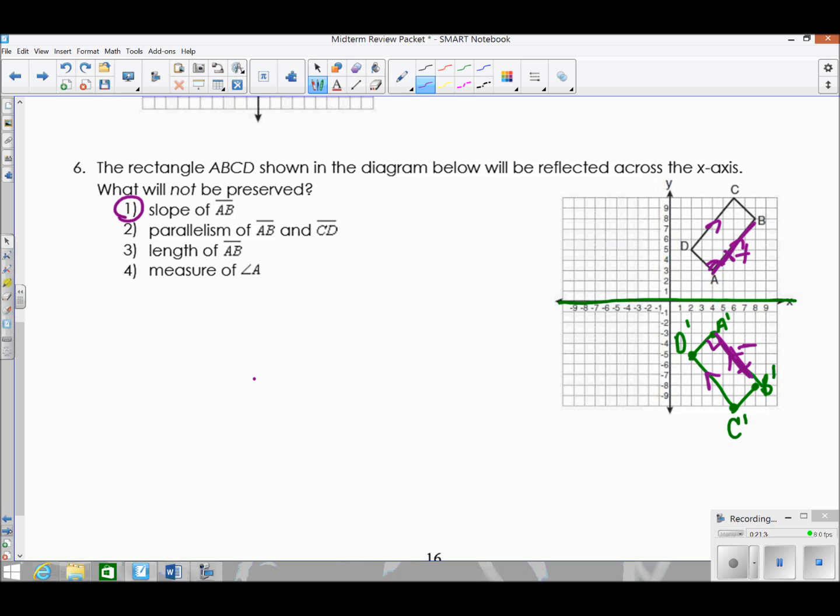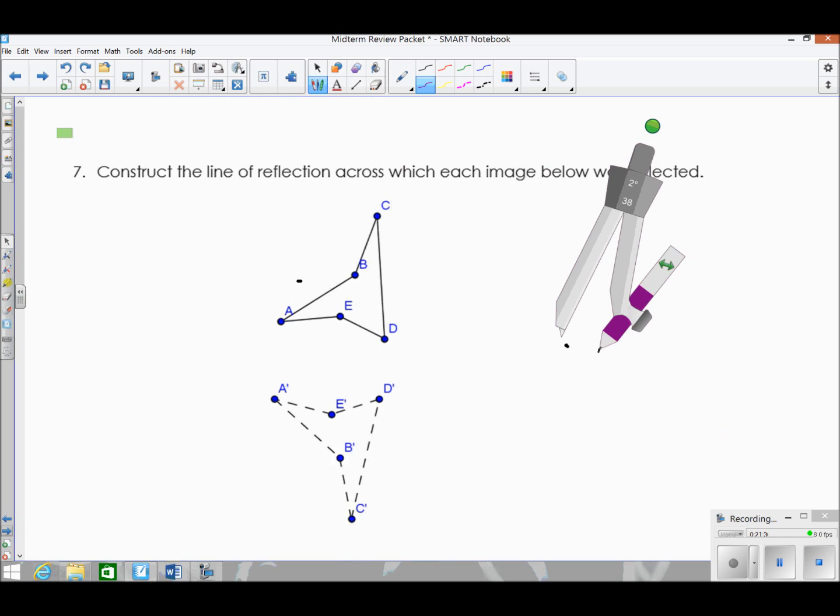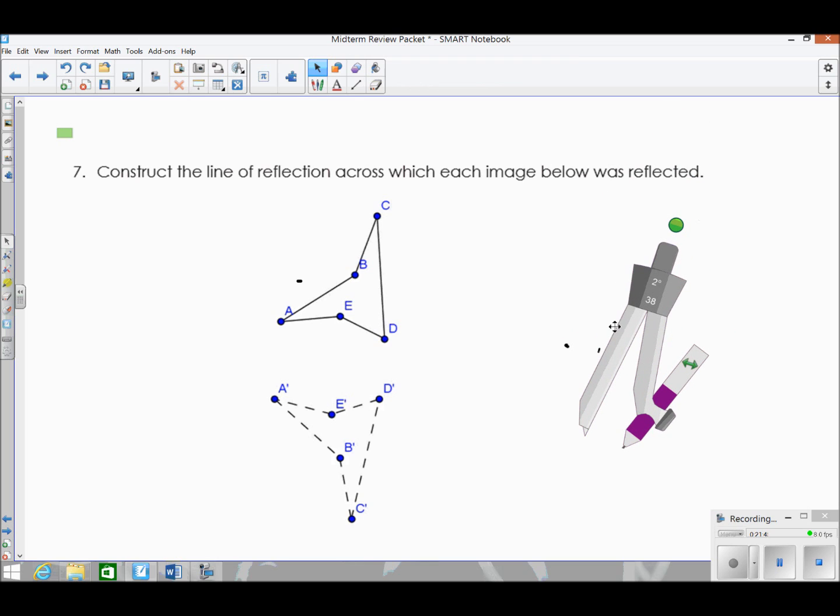The last thing then for the transformations unit is when we did some constructions in the plane. So the first thing here that we need to look at is if I want to construct the line of reflection. So think about what that looks like in your head.